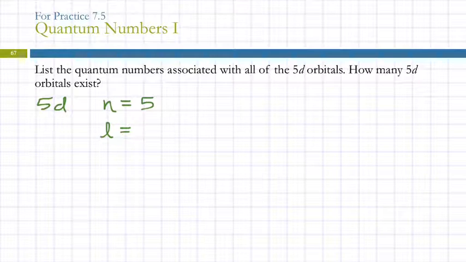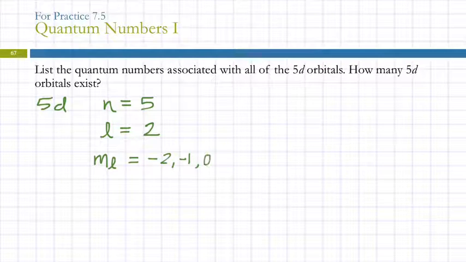Think S, P, D: 0, 1, 2. So L is 2. Well, if L is 2, what can M sub L be? Minus 2, minus 1, 0, plus 1, and plus 2. So how many orbitals are there in that 5D? There's 5 orbitals.